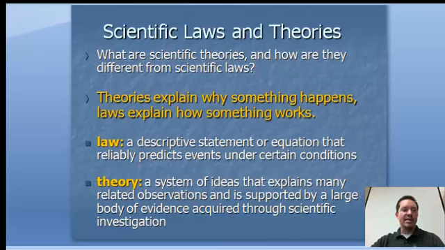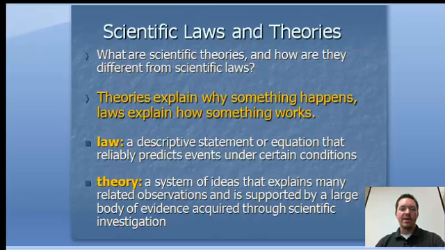The next slide is an important topic to differentiate between scientific theories and scientific laws. So in general, theories explain why something happens, and then laws explain how that something works. So again, we can define a law as a descriptive statement or equation that reliably predicts events under certain conditions.